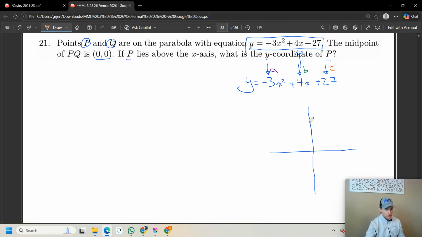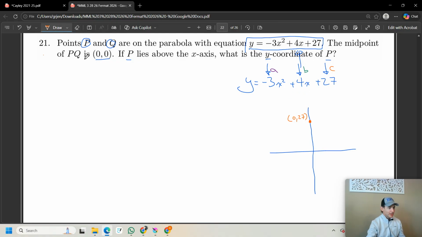This is easy to show because imagine that x is 0. Then y is 27, because this term is 0 and that term is 0 when x is 0. That's why that gives you the initial value, or the y-intercept.